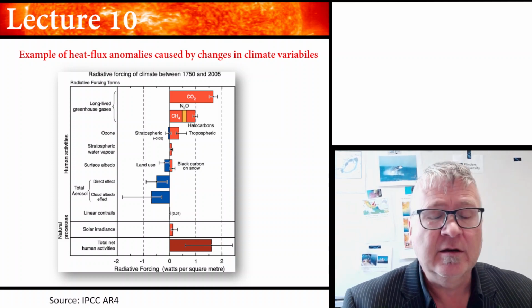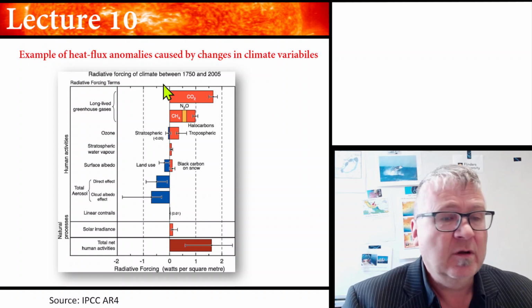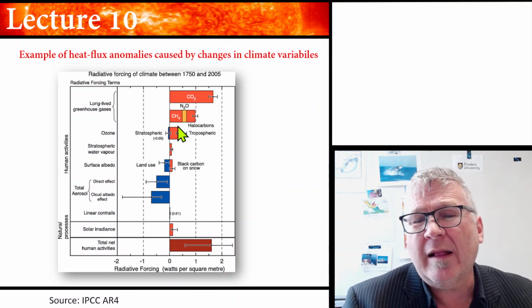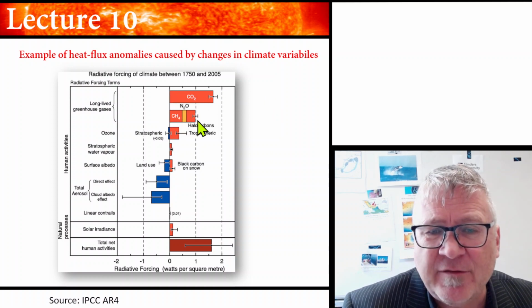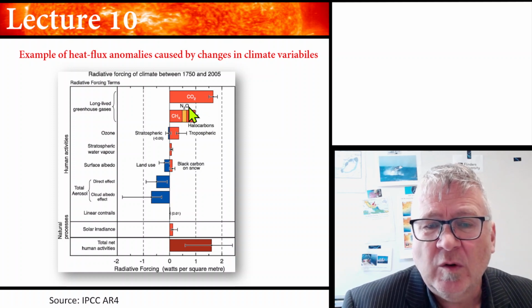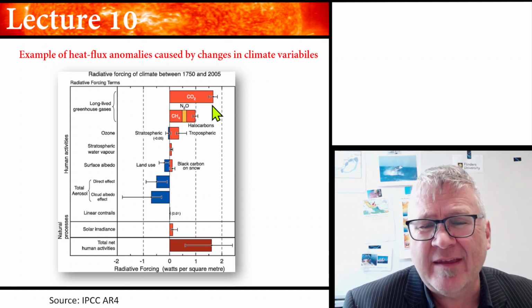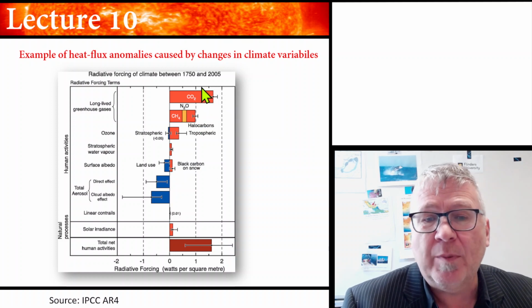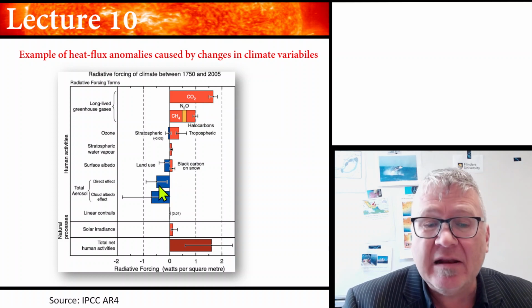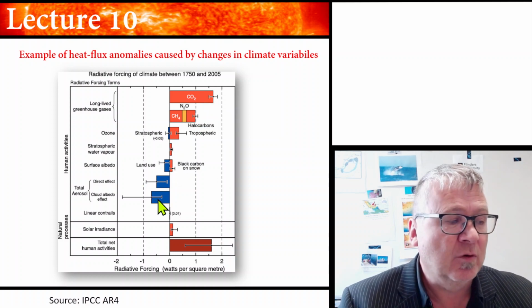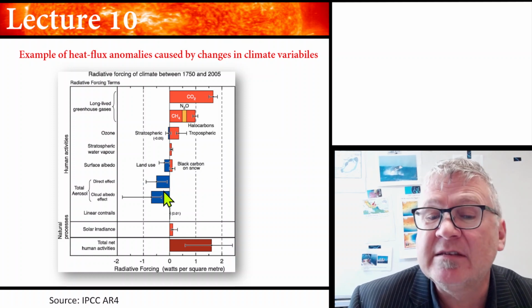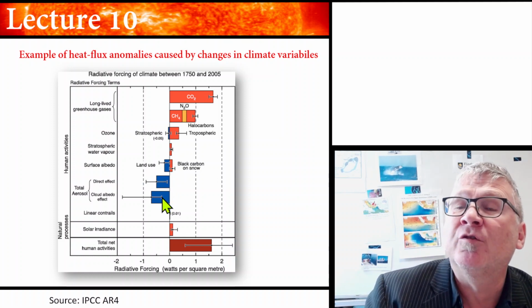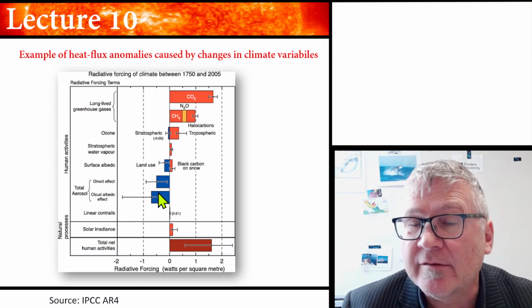You can see here that the CO2 effect is large, while the other greenhouse gases have a big effect too, maybe a little bit more than half of the CO2, but you also have these other balancing effects linked to aerosols. And balancing effects also refer to the albedo effect.